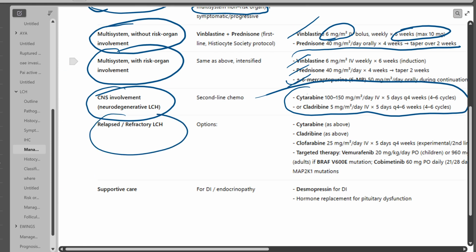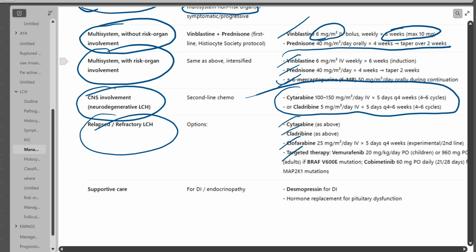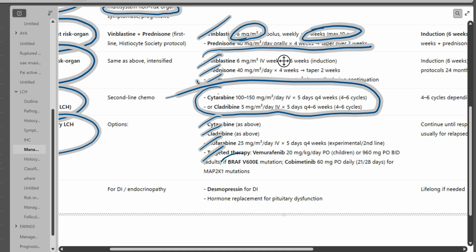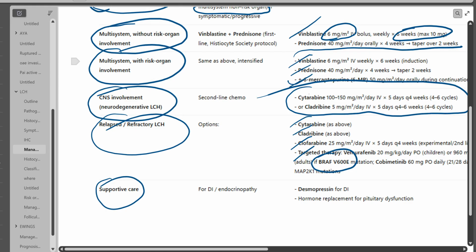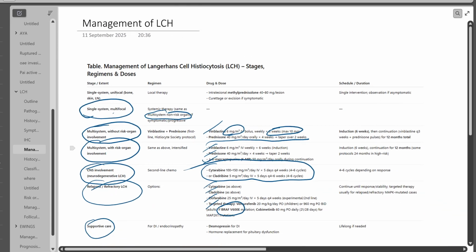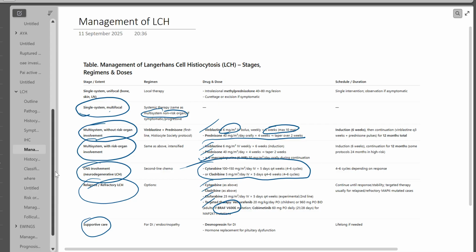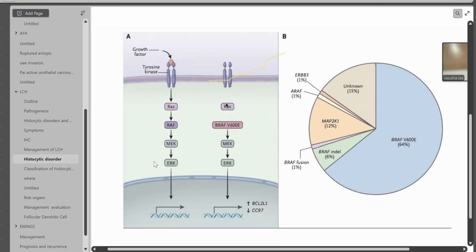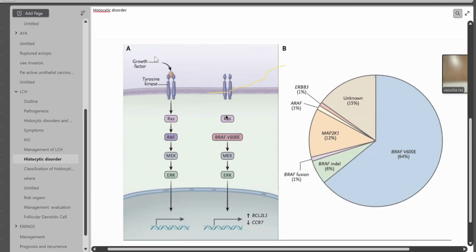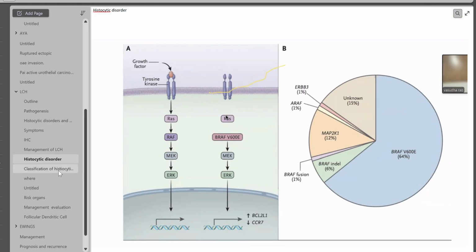And if you're talking relapse refractory, cytarabine or targeted therapy, as a lot of these have BRAF positivity. And then you can have supportive care over here. So that's how you will manage and diagnose Langerhans cell histiocytosis. And you also need to know that it's a MAP kinase pathway.